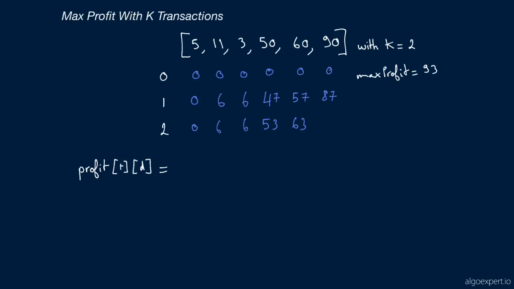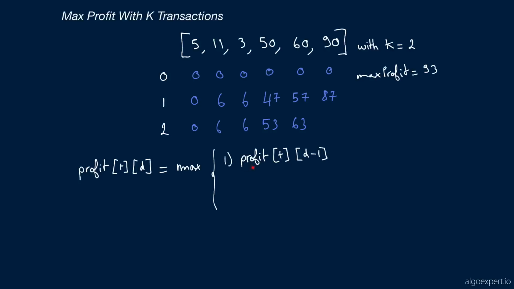So we want to say it's the maximum of either deciding to sell at this or not selling at this and taking the previous max profit. So it's going to be the maximum of two things. Number one, let's take care of this previous max profit, which is going to be profit at the same number of transactions on the previous day, D minus 1.